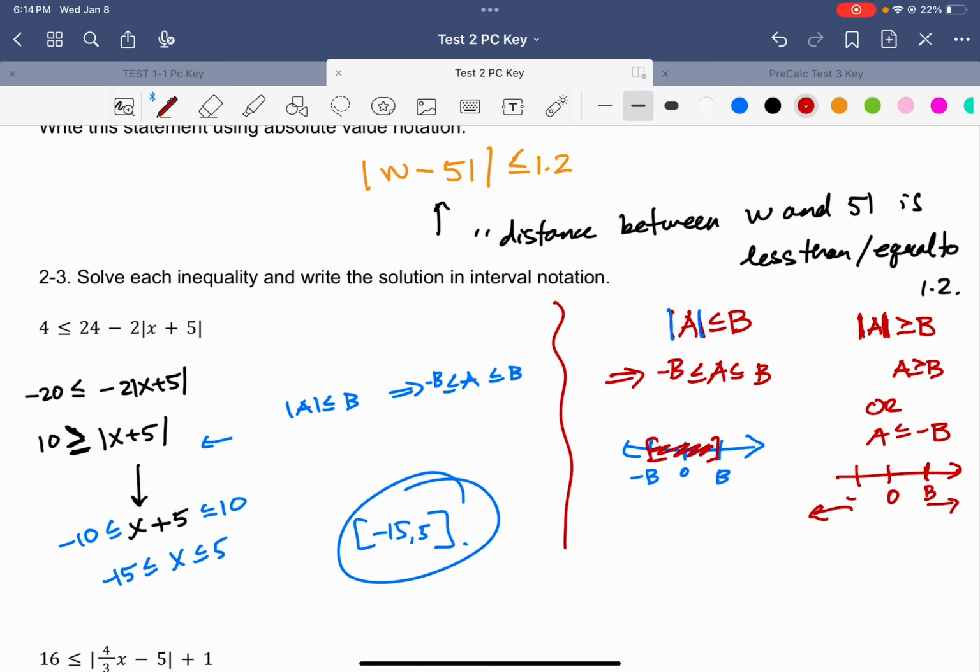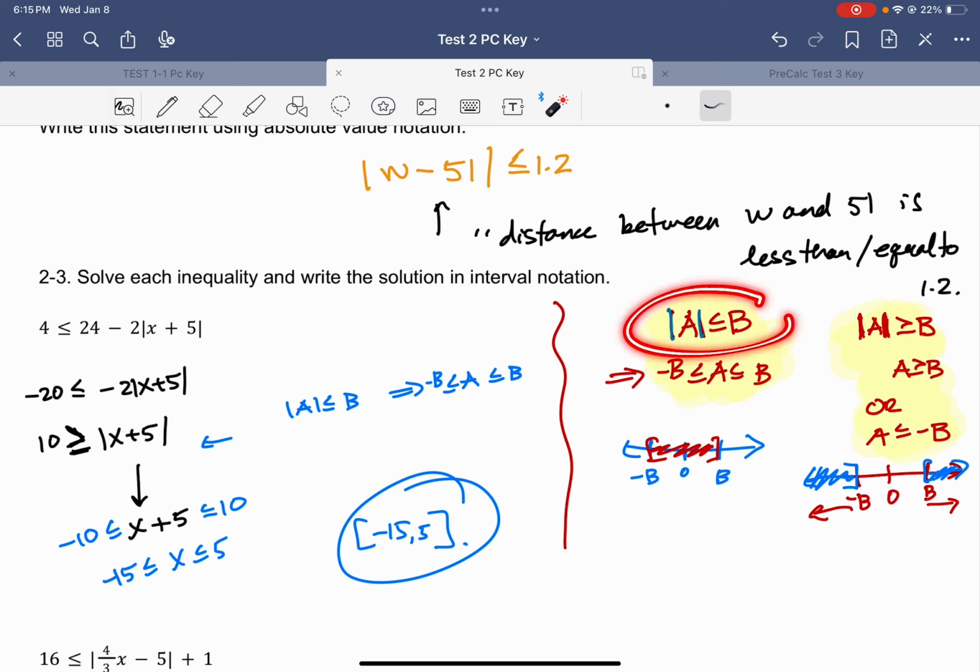I have to be more than B away from 0. So those are really the two absolute value types of problems that we talked about. So if I can get it into this form, then I can change it into this.